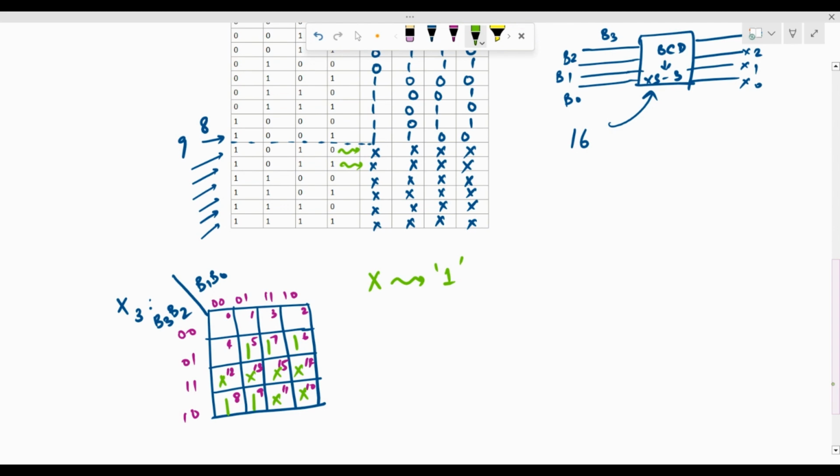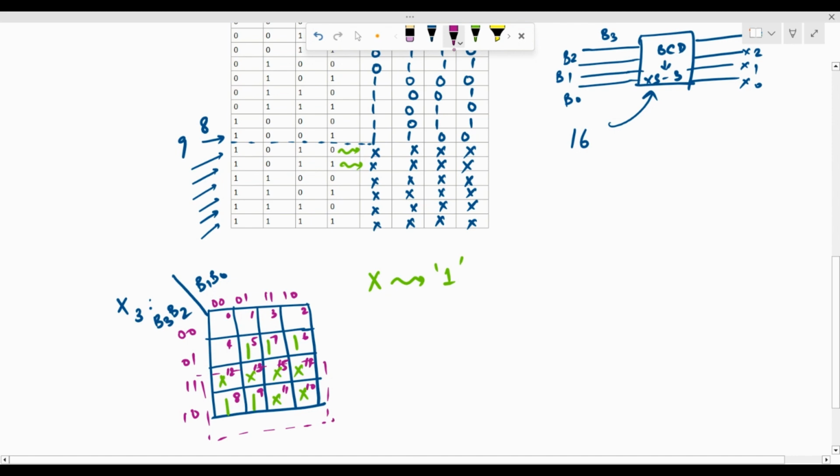So we are going to be using these don't care conditions and considering them to be acting as ones when we are grouping minterms. If you are going to group for maxterms, then we can consider them to be zeros also, right? So now framing the groups, the larger the group, the better it is. In that case, we have this particular group available.